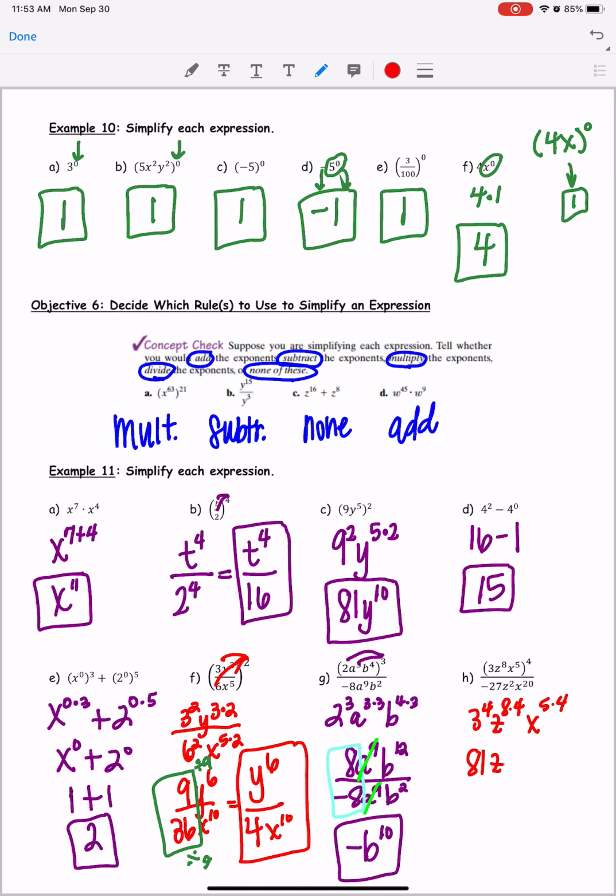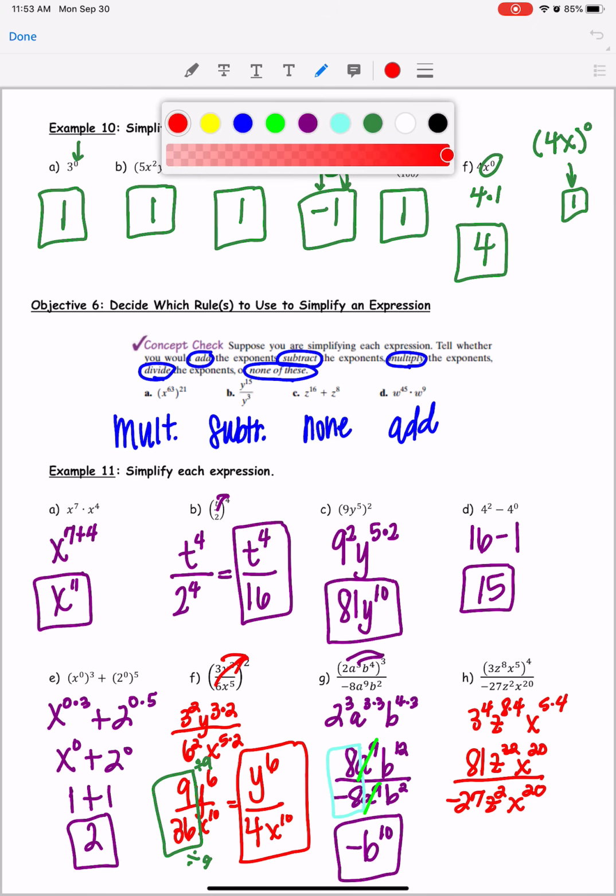Then we'll have z to the 32nd, x to the 20th. Okay, so that's the top, and this is still all over -27. Z squared x to the 20th.